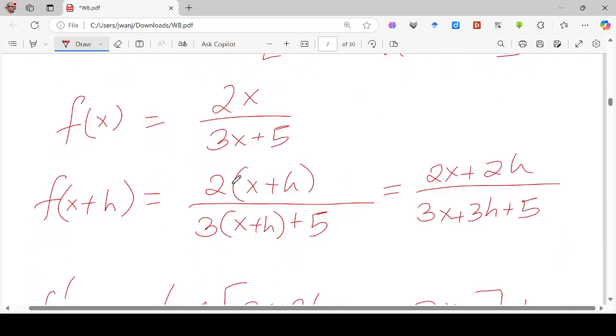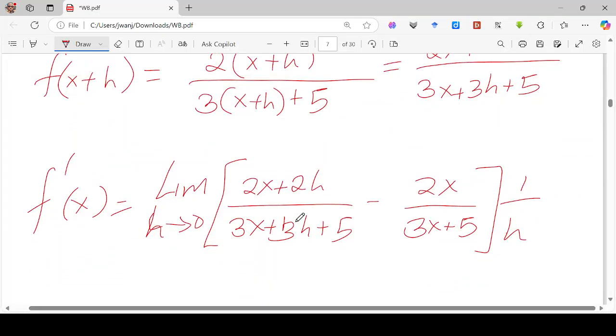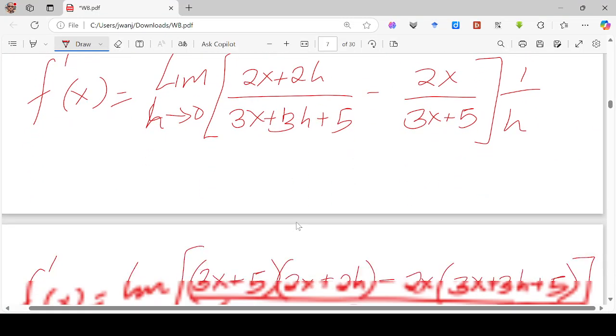Of course, we can open the brackets in the numerator to get 2x plus 2h, in the denominator to get 3x plus 3h plus 5. Then we substitute back and simplify.